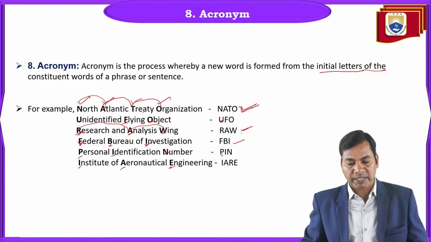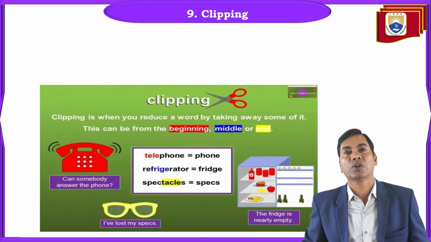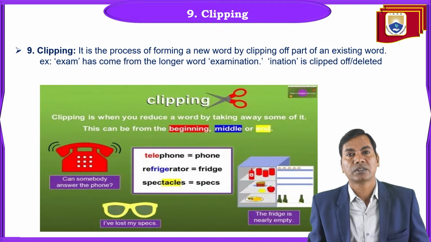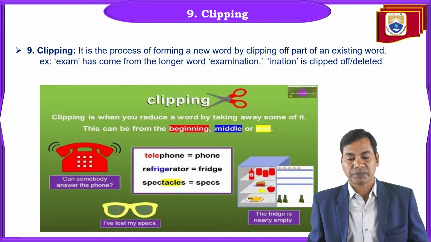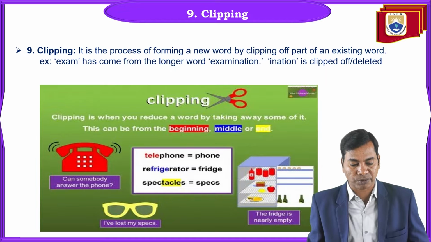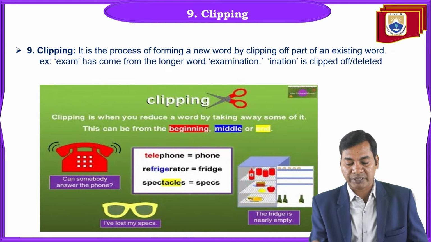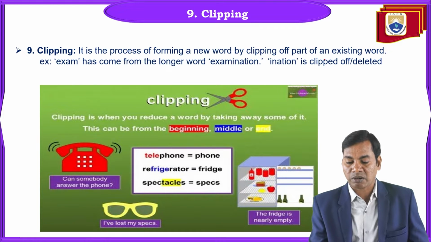Now, look at the last one under the word formation processes. What is that? Clipping. This is the last one in the process of word formation. What is clipping? Look at the meaning I mentioned there in the slide. Clipping is the process of forming a new word by clipping off part of an existing word.